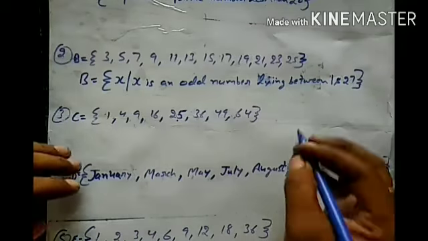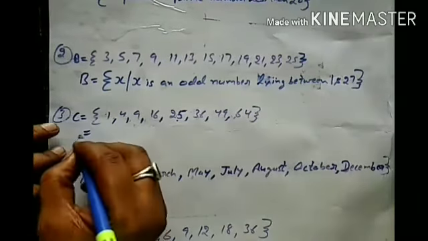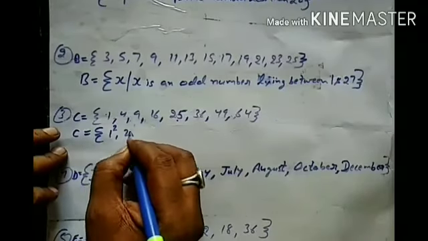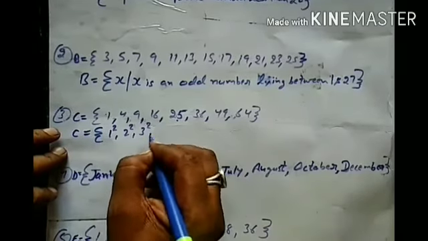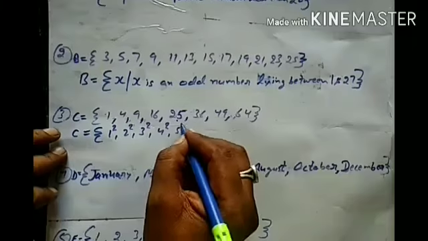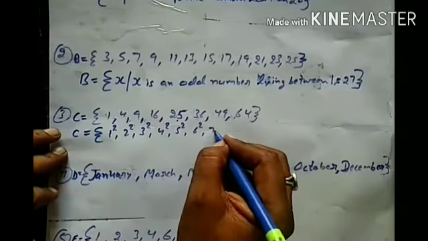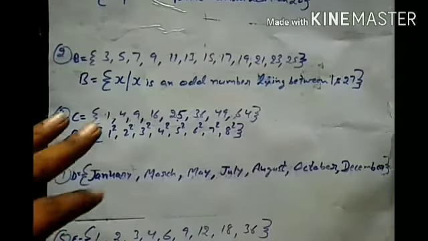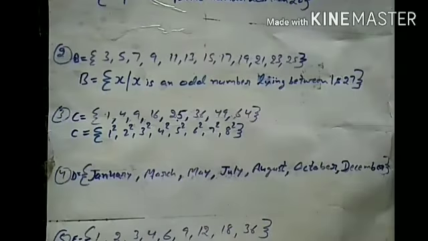Therefore, in rough I can write this as 1 squared, 2 squared, 3 squared, 4 squared, 5 squared, 6 squared, 7 squared and 8 squared. So I can write this set like this.